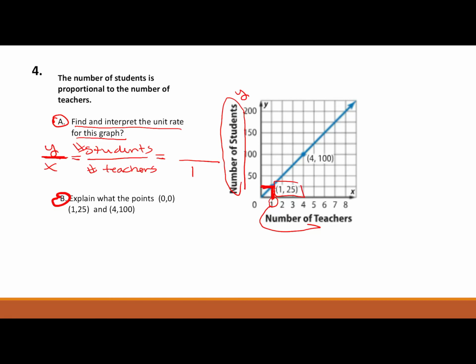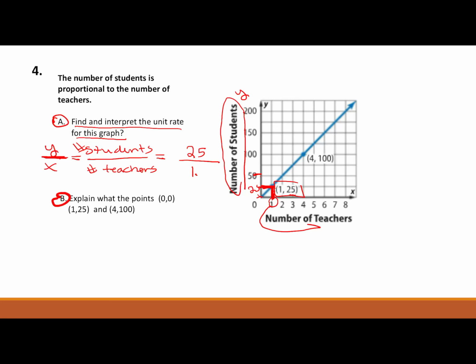So if I go over, this is 25. Notice, this is 25 because from here to here is 50, so halfway is 25. So this is 25 students. Plus it also tells you 25. So what's the unit rate? Well, 25 students per teacher.